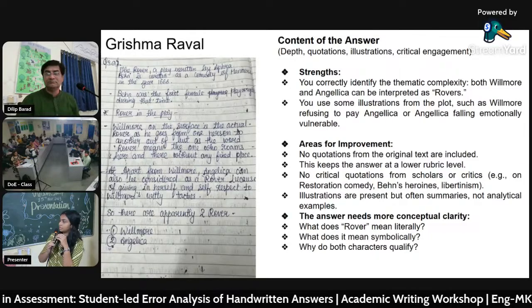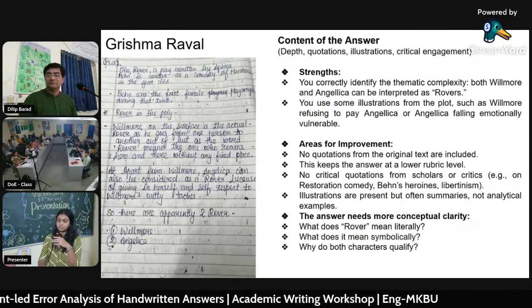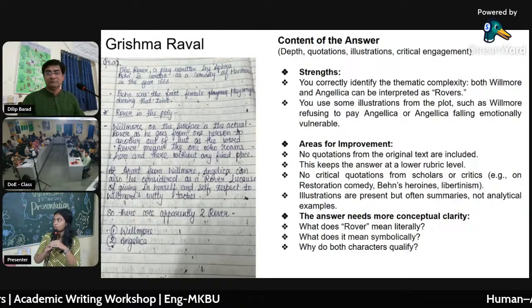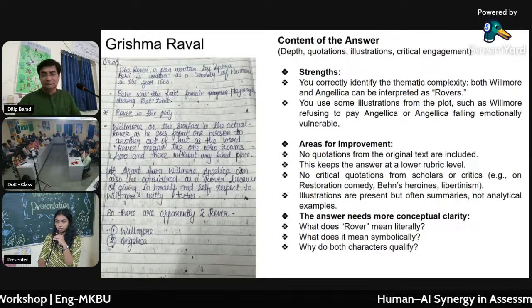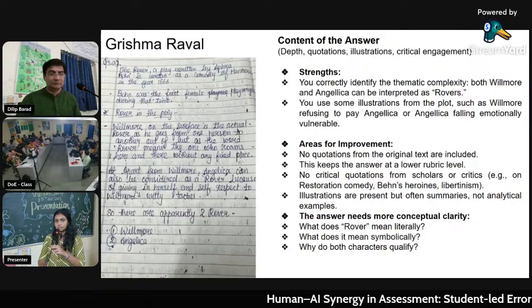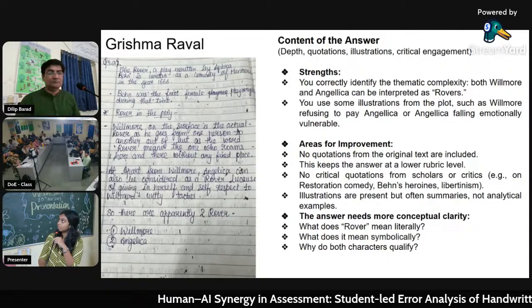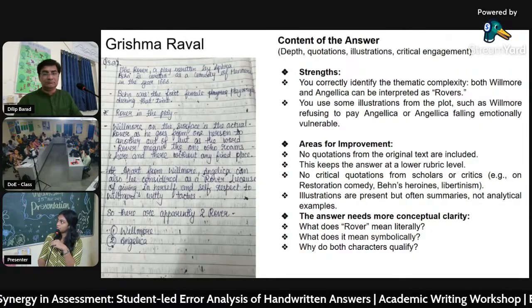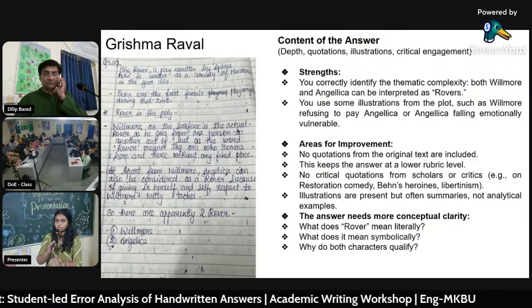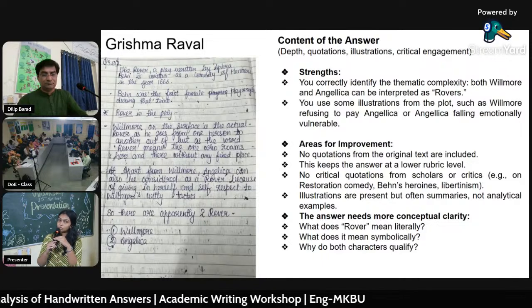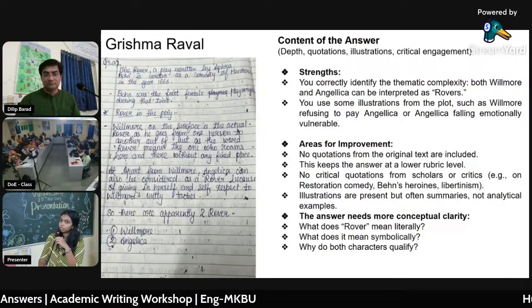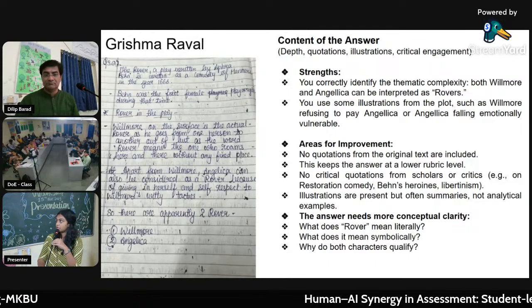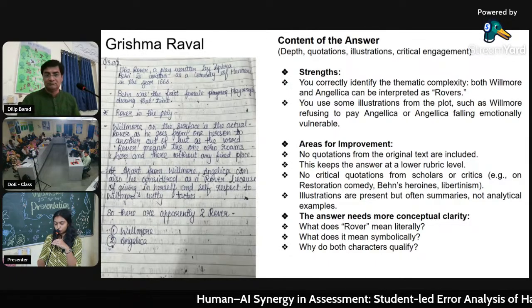The first one is my paper. The strengths in my answer are that I have identified the thematic complexity. Both Wilmore and Angelica can be interpreted as rovers, and I have used some illustrations from the actual text and the plot, such as Wilmore refusing to pay Angelica or Angelica falling emotionally vulnerable. The areas which need improvement are that I have not used quotations from the actual text, and because of this the answer is at a lower rubric level.